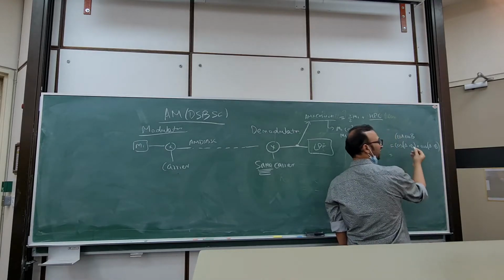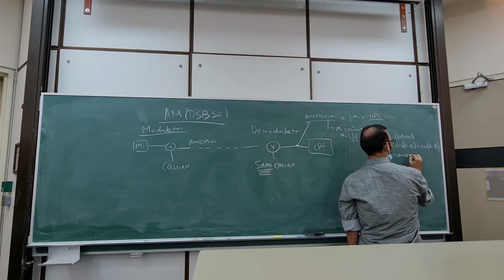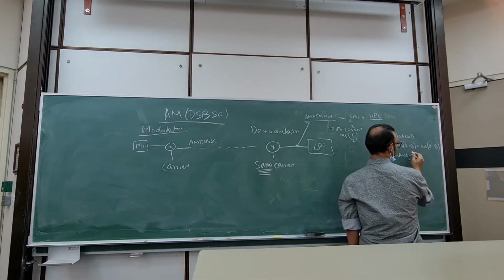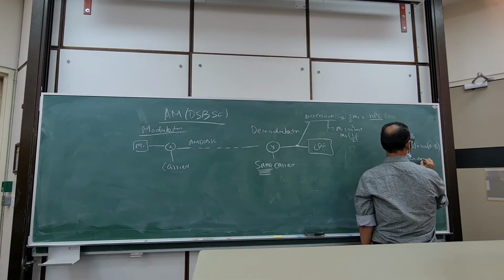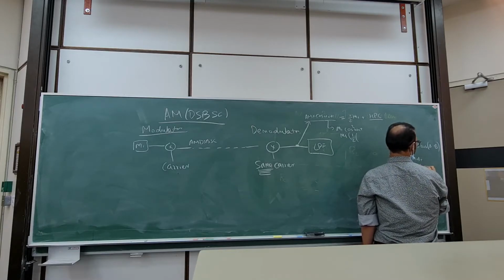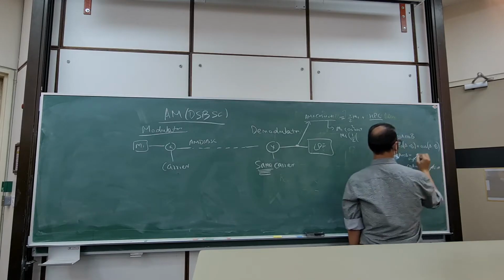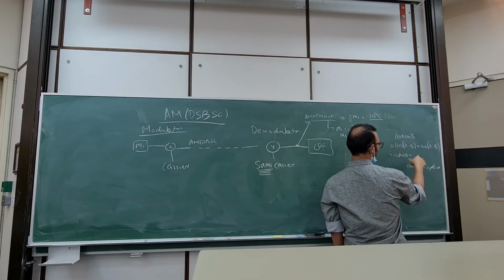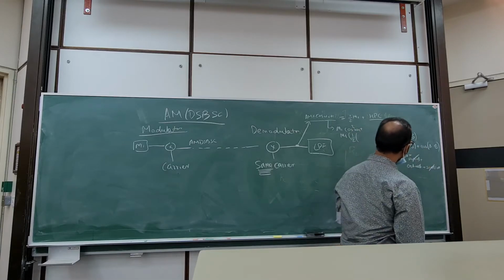Cos A plus B is cos A cos B minus sin A sin B, and cos A minus B is cos A cos B plus sin A sin B. So this goes, and it's actually half.